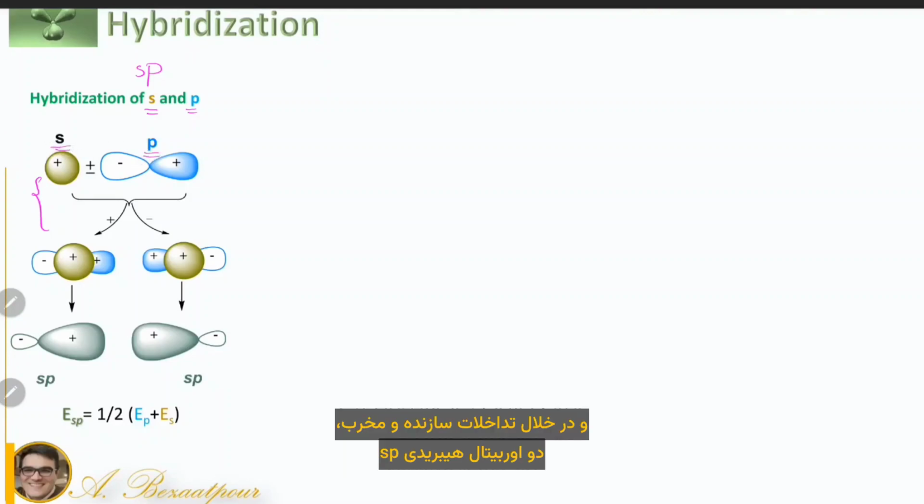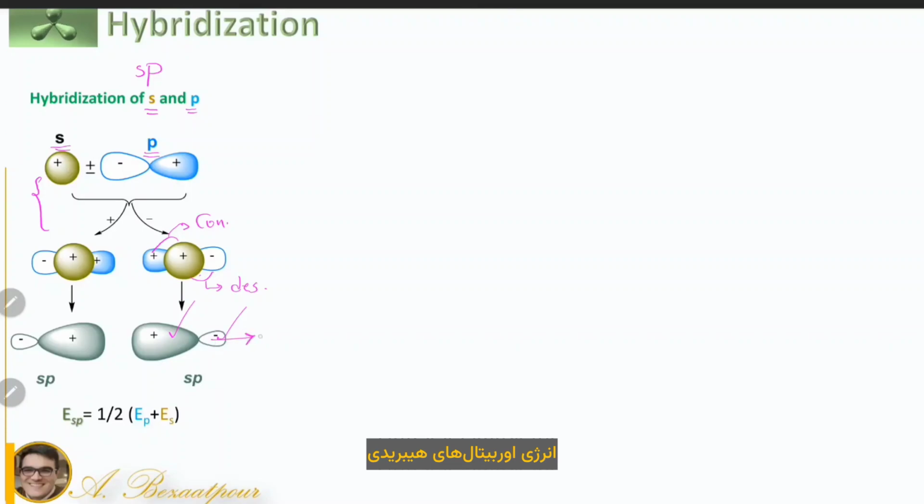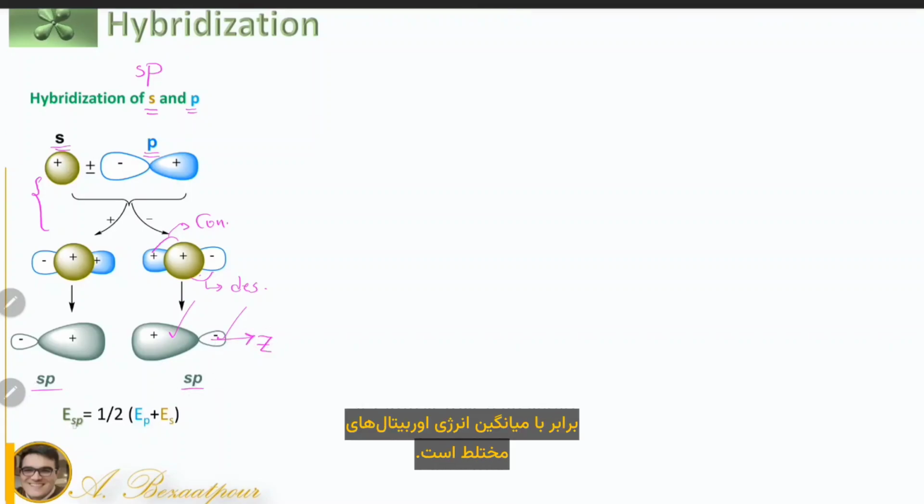Through constructive and destructive interference, 2 sp hybrid orbitals are obtained in a dumbbell shape with 1 large loop and 1 small loop, oriented along the z-axis. The energy of hybrid orbitals is equal to the average energy of the mixed orbitals.